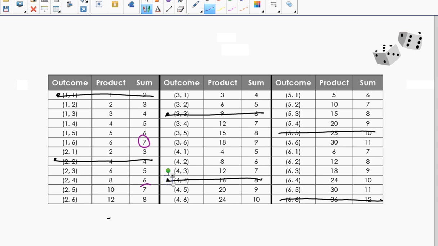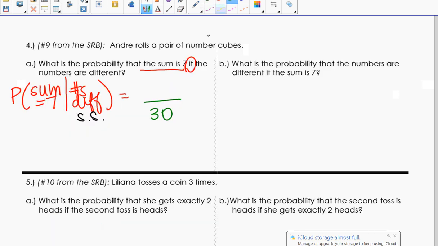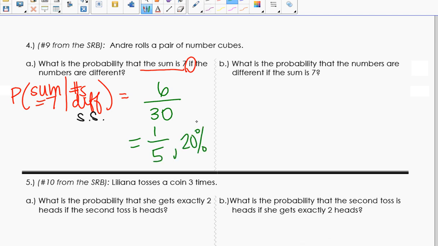Here's 1, 2, 3, 4, 5, 6. Yep, that's it. Okay, so we're looking at 6 out of 30, which is 1/5, or 20%. So you have a 20% probability that the sum is 7 if the numbers are different.